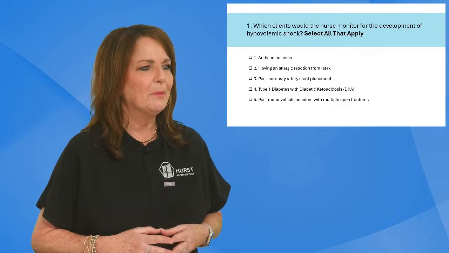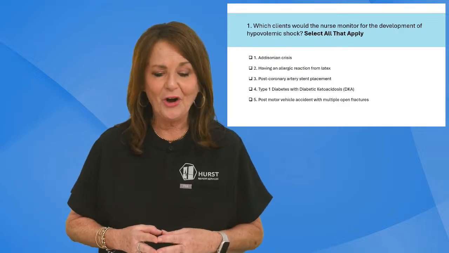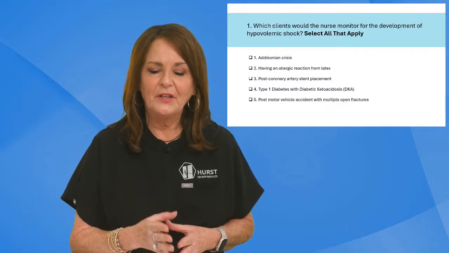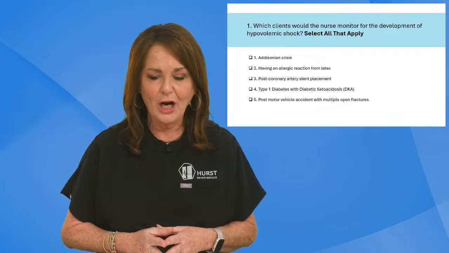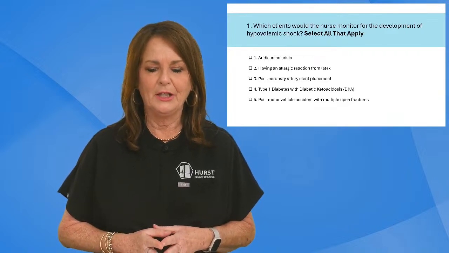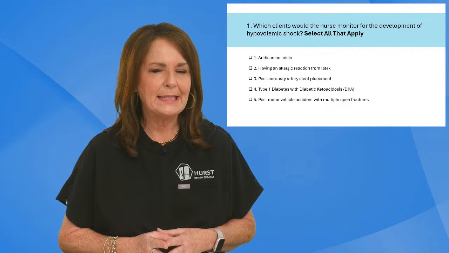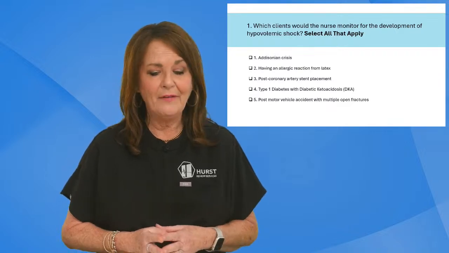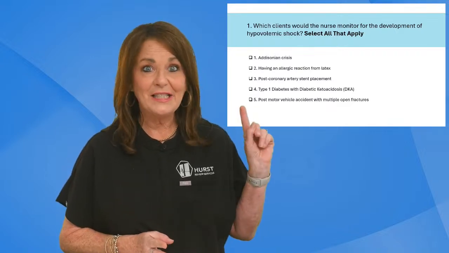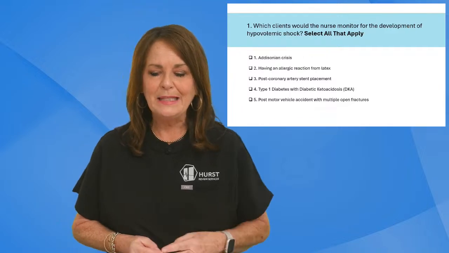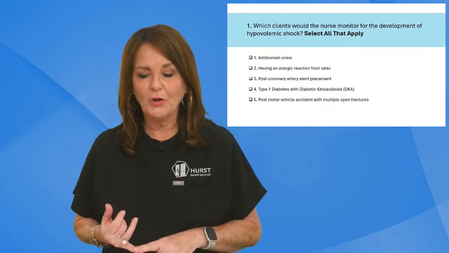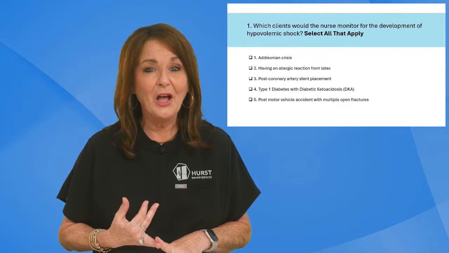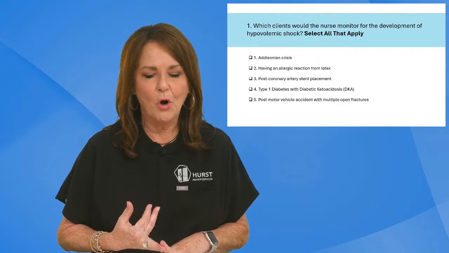So look at option number 1, an Addisonian crisis. Y'all, if a client has Addisonian crisis, what are we worried about right here? Remember, Addison's disease, they do not have enough what? Not enough steroids, right? This means that there is not enough mineralocorticoid, and they have low sodium and water.